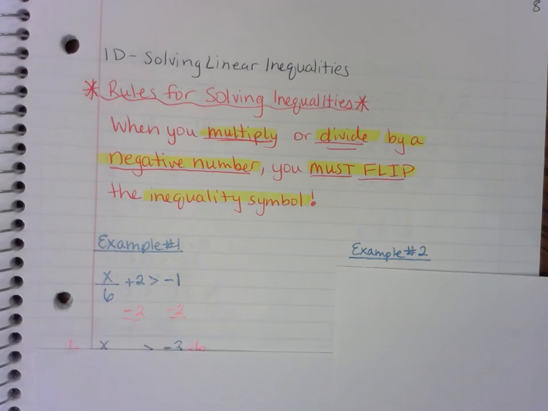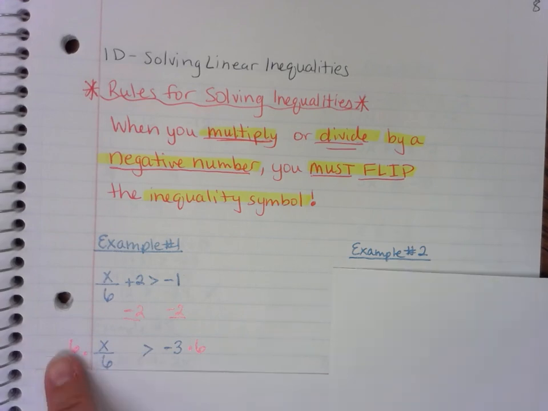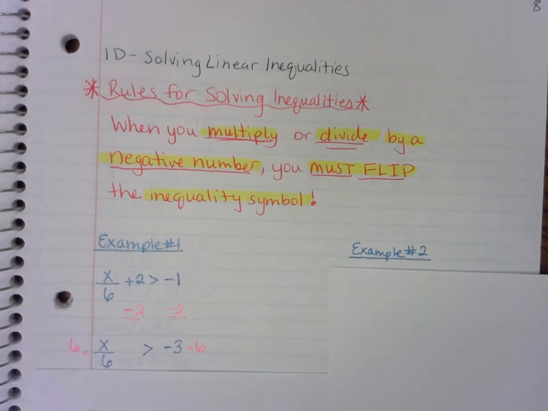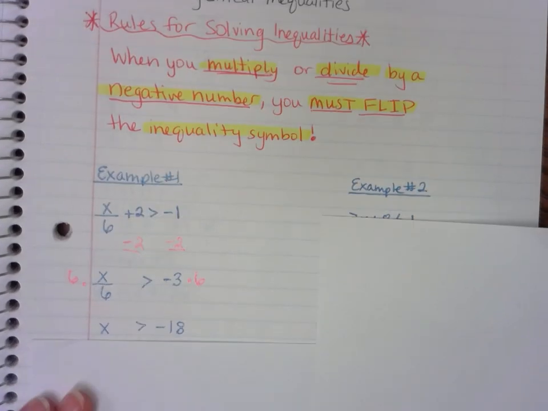After we simplify, we get x divided by 6 is greater than negative 3. Now we want to isolate x, so we multiply by 6 on both sides. I'm multiplying by a positive 6, so I don't need to flip my inequality symbol. So x is greater than negative 18.